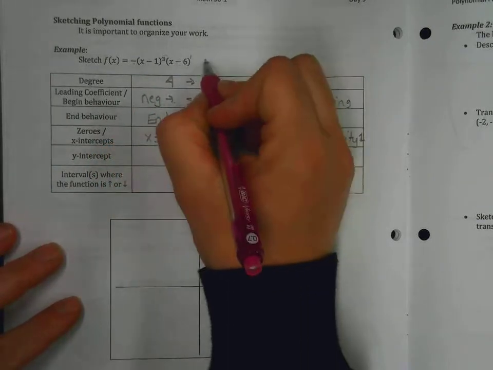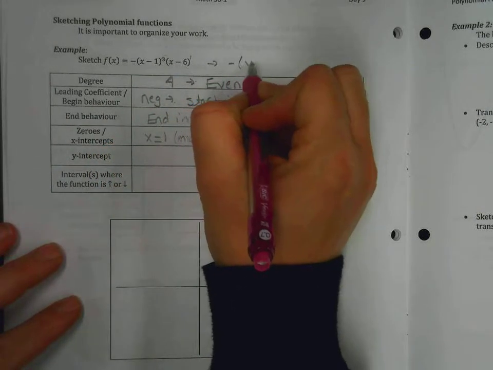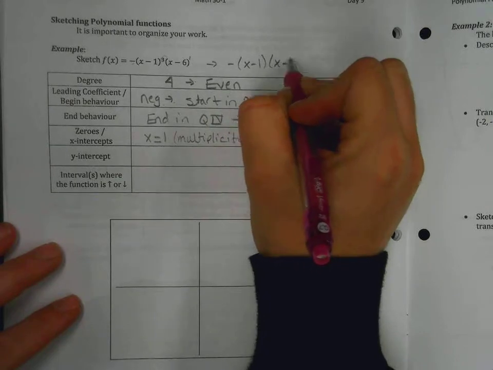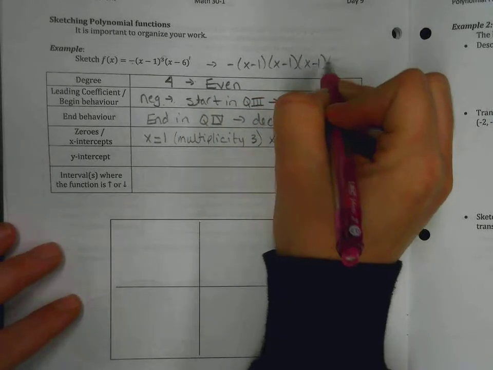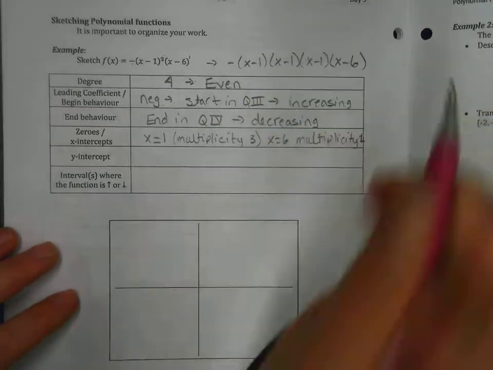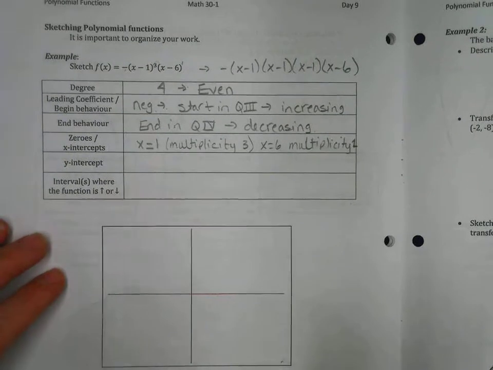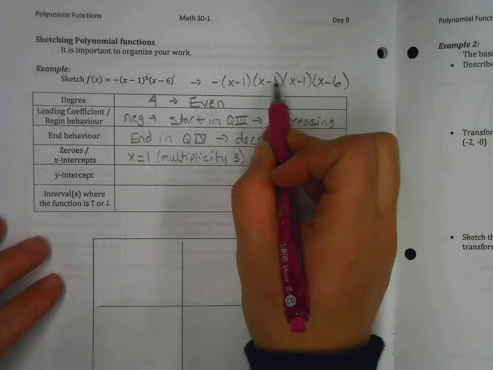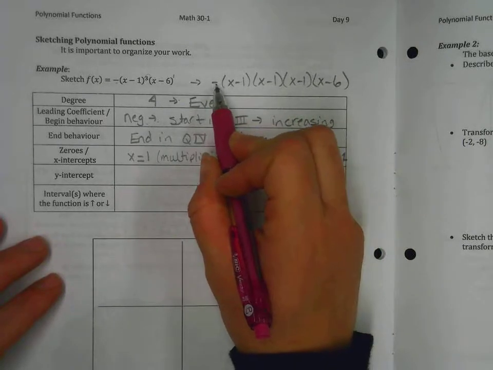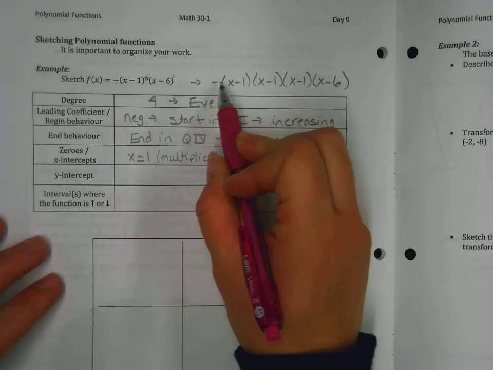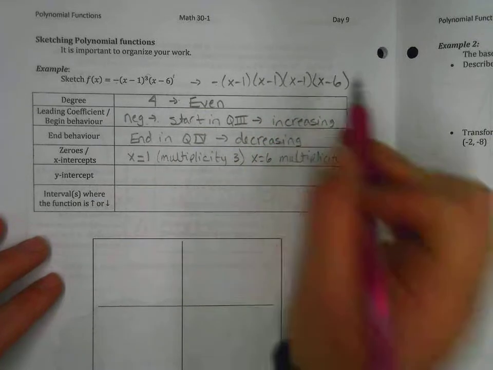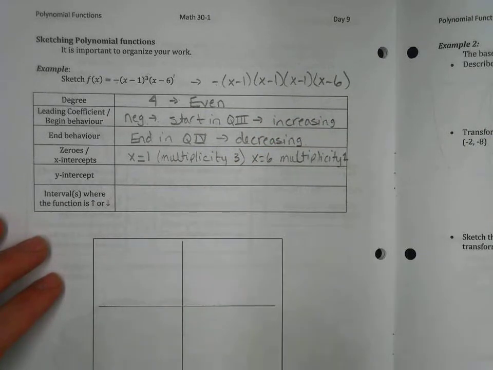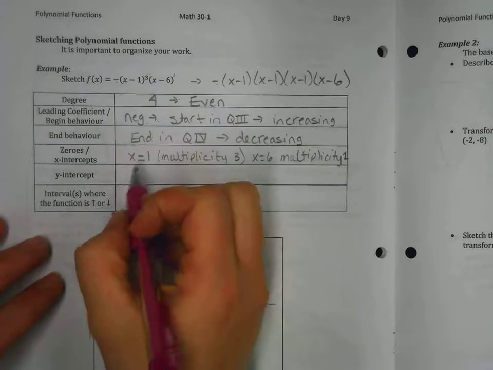Okay, and then the y-intercept, okay, if I wanted to find the y-intercept of this, well technically this x minus 1 cubed could be written like this. So if I were to expand all this, which you do not have to do, to find your y-intercept, technically what you're doing is you're taking each of these constant values and your coefficient in the front. If you multiply all of these values, that will give you your constant or your y-intercept of the polynomial function.